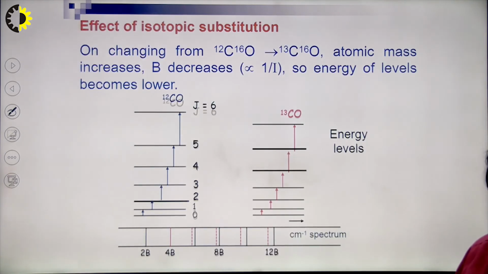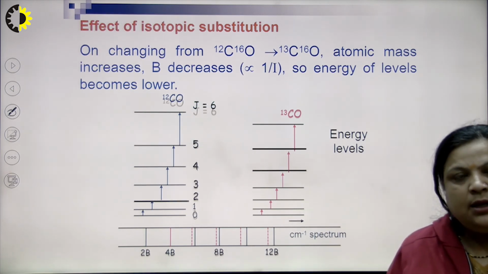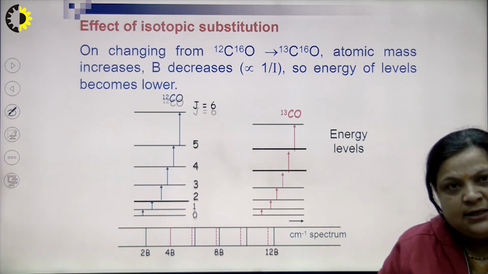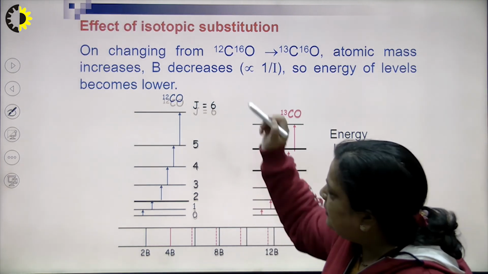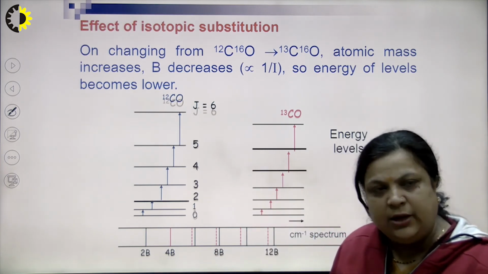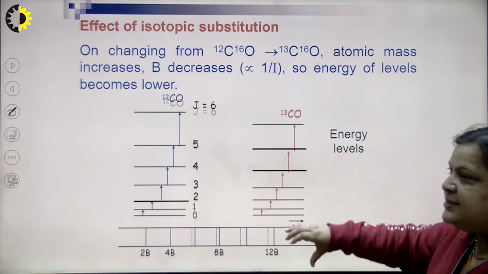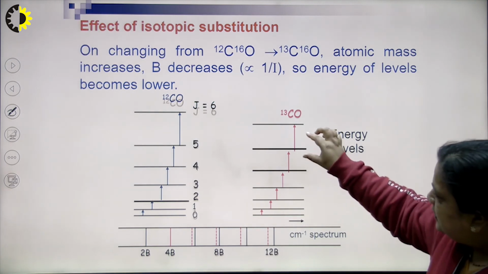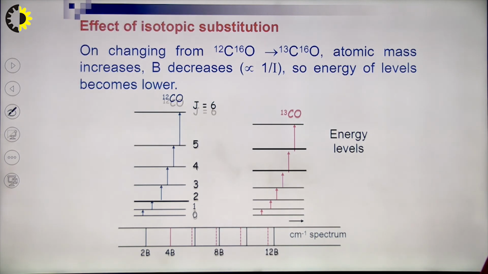It means we can say if we replace the atom with its isotope which has more atomic mass, then the value of B, that is the spacing between the lines, decreases. So, the energy of the level becomes lower. So, these are the energy level spacings for CO with carbon 12, and this is basically the energy level diagram of carbon 13. So, here we can easily see that the spacing, or the B value, has decreased.